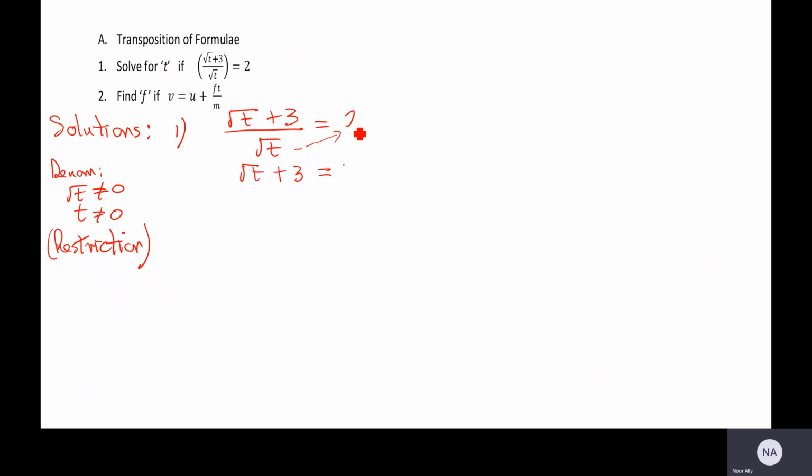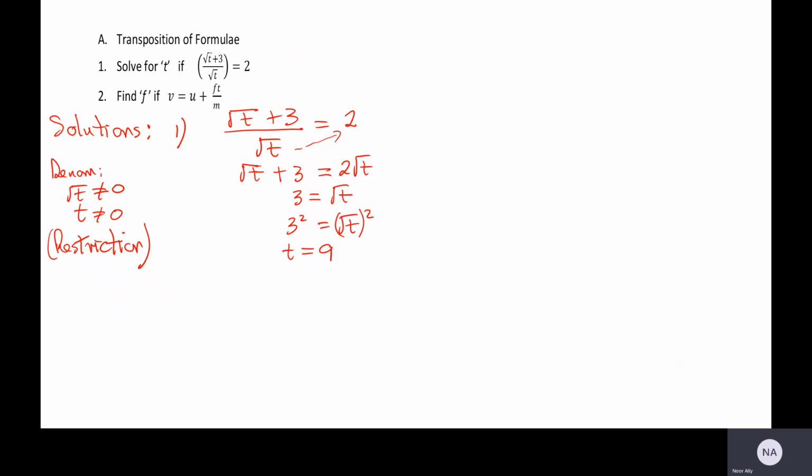Okay, that was a 2. So this will be 2 times the square root of t. And there I have 3 is equal to square root of t. Then square both sides to eliminate the square root. And I get t is equal to 9.